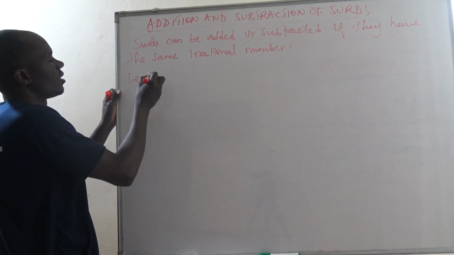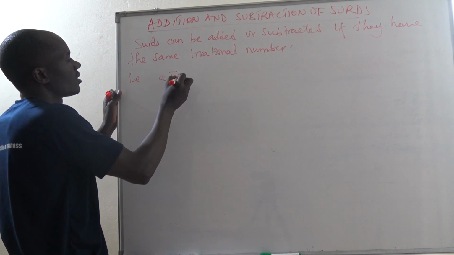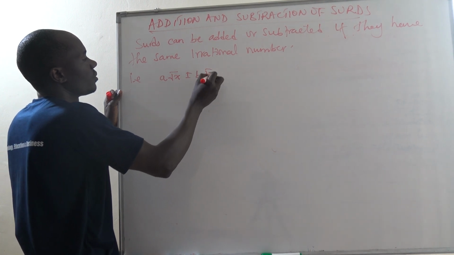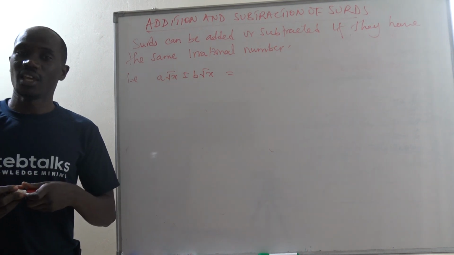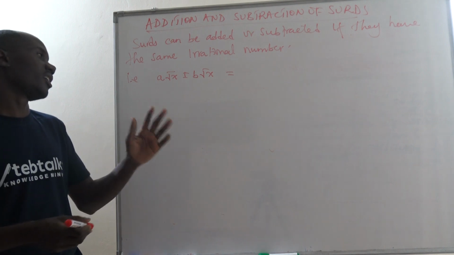That is, if I have a root x plus or minus b root x, you can see that our irrational number is x. You can see this one is bearing root x and this one is also bearing root x.